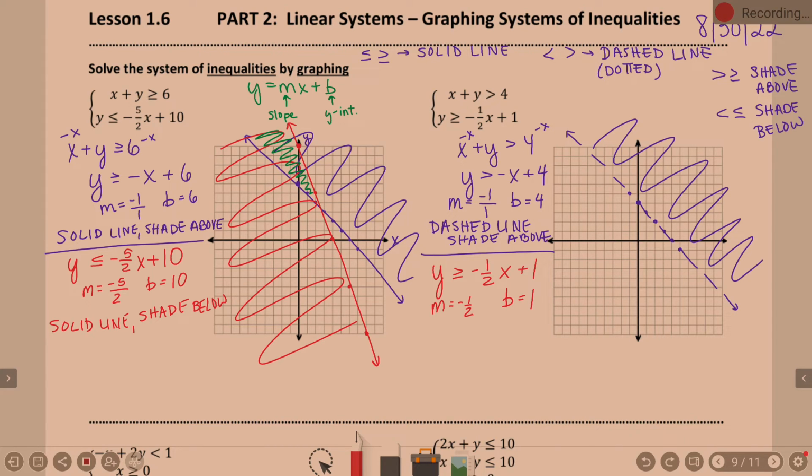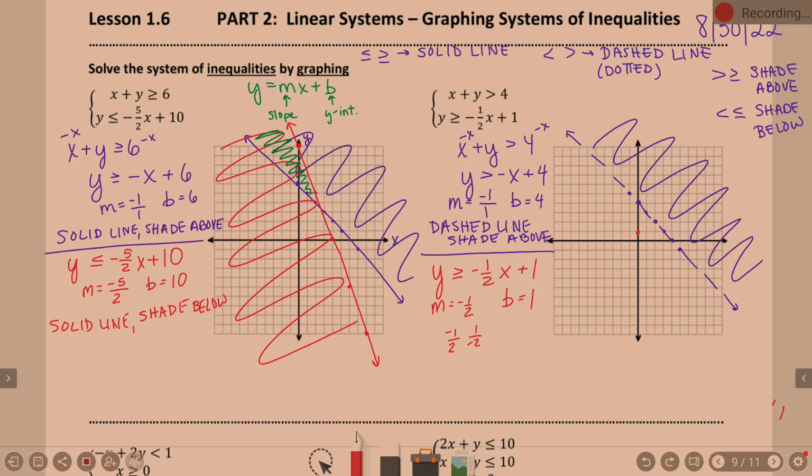Again, I feel like I made this problem too easy. Oh well. It was a good practice. Okay, slope is negative 1/2. Y-intercept is 1, so up 1 for my y-intercept. Slope of negative 1/2. Options include negative 1 over 2 or positive 1 over negative 2.